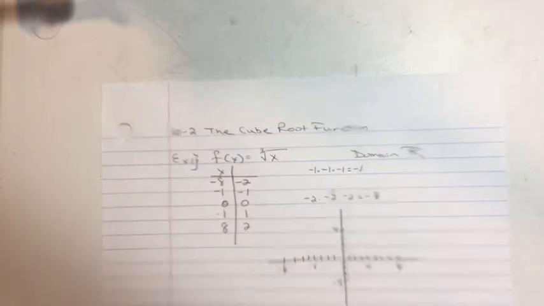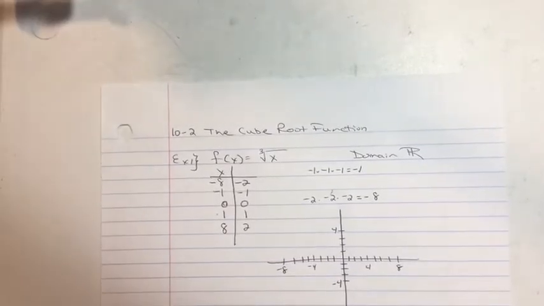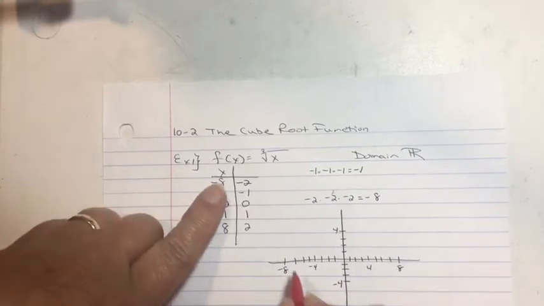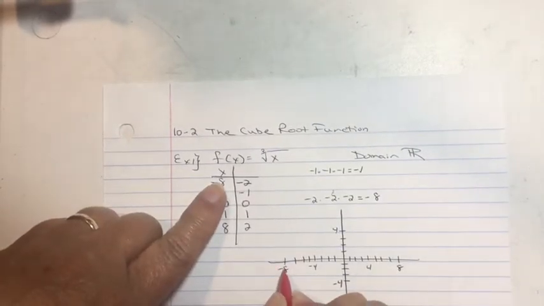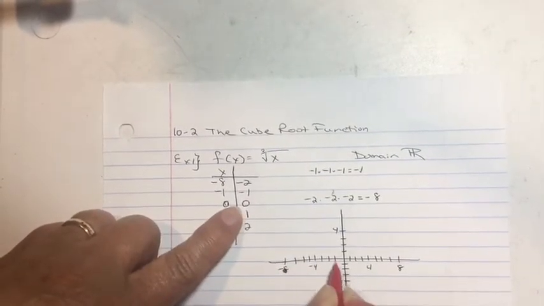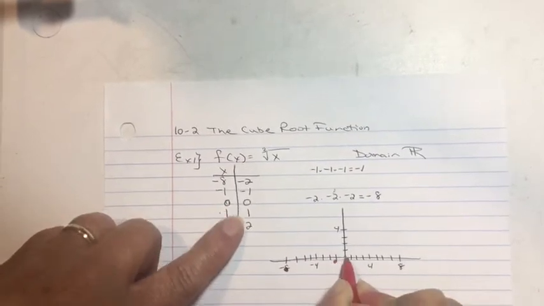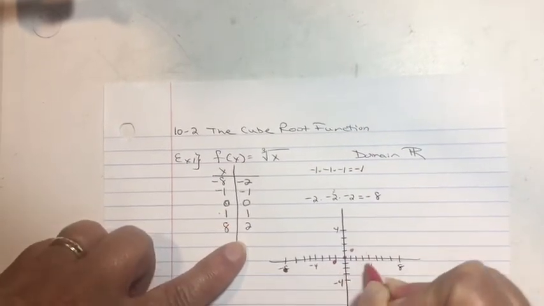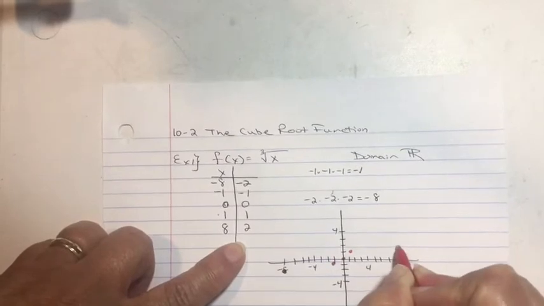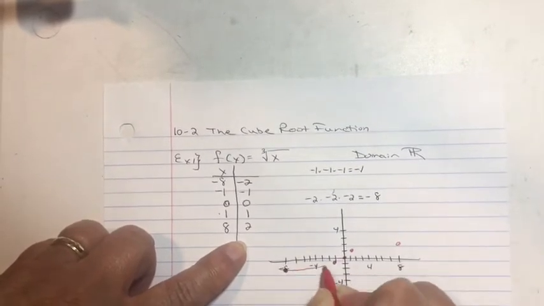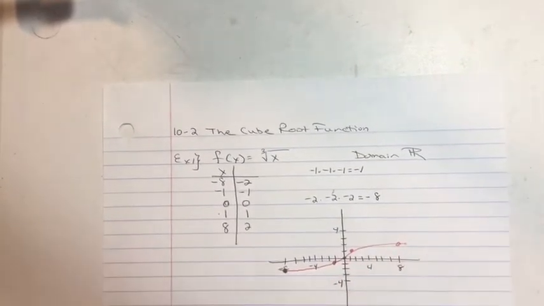See how they look. Okay, the negative 8 gives a value of negative 2. The negative 1 gives a negative 1. The 0 a 0. The 1 a 1. And the 8 a 2. It's kind of a snaky looking graph.